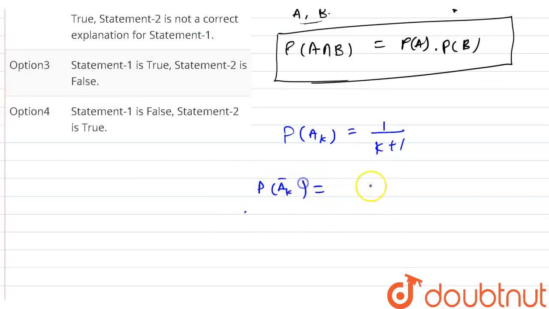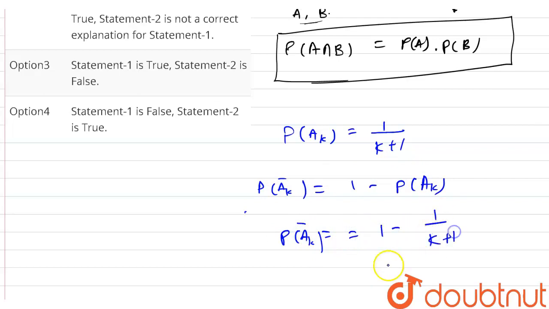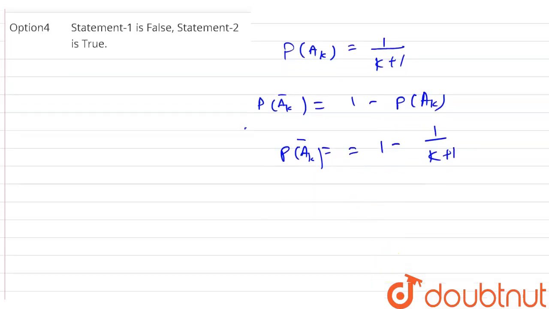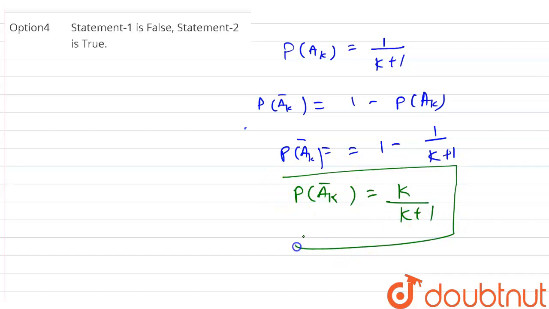It is nothing but 1 minus the probability of Ak. So the probability of Ak bar will be given by 1 minus 1 over k plus 1, and on taking LCM, the probability for Ak bar is nothing but k over k plus 1.